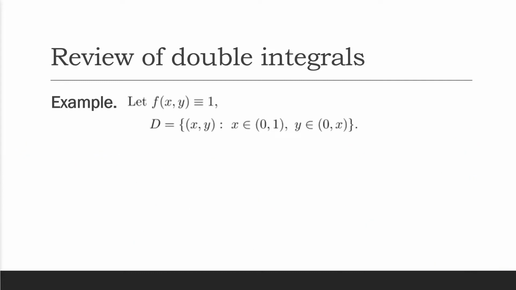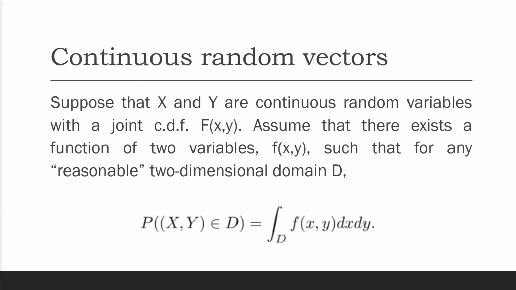So let's have continuous random vectors. Suppose that X and Y are continuous random variables with a joint cumulative distribution function F(x, y).